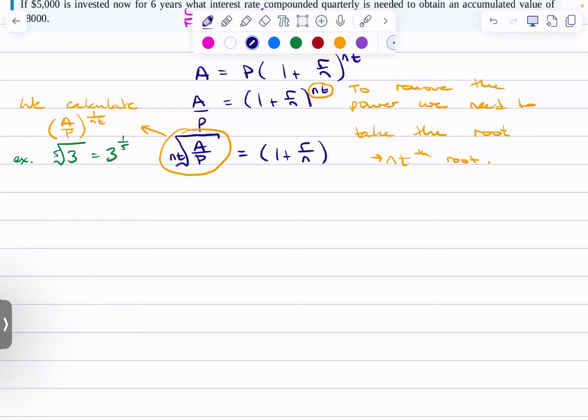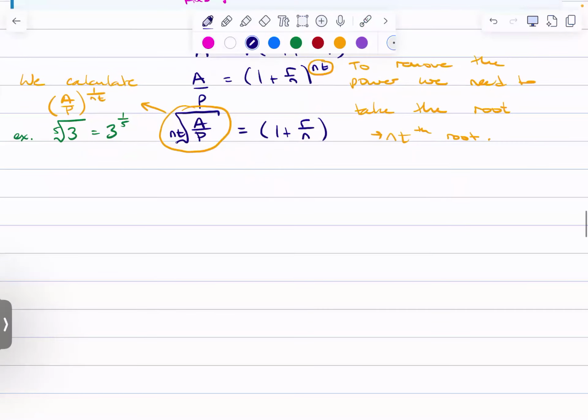Now here's where we need to rearrange a little bit, or I guess a lot. First, I'm going to subtract 1 from both sides. I am also going to do my classic switcheroo, where I have A divided by P and the nth root, minus 1.